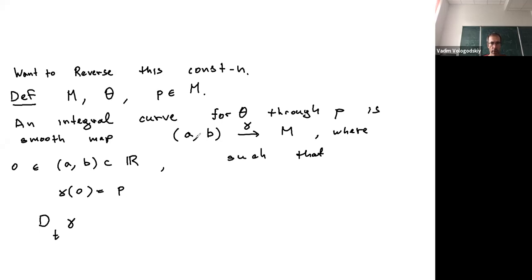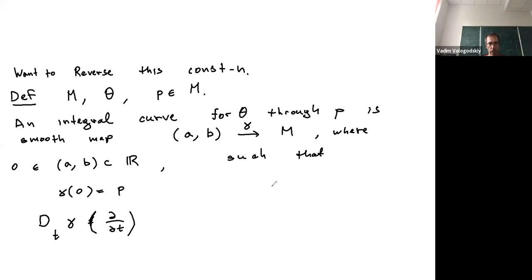Differential is a map from the tangent space to this manifold to the tangent space for this manifold. And this tangent space, well, this is an open subset of R, so the tangent bundle is trivial. I have vector d over dt, which trivializes, I have a basis in every tangent space. So let's take this differential and apply it to just d over dt.